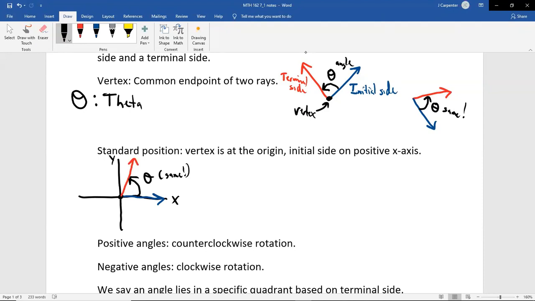Excuse me, I was about to say that incorrectly because I'm looking at the next one. Positive angles rotate counterclockwise. So we're starting here and we're swinging up, and then left, and then down, and then right. So this is the direction that we're swinging for positive angles.